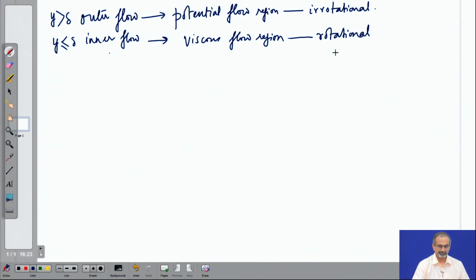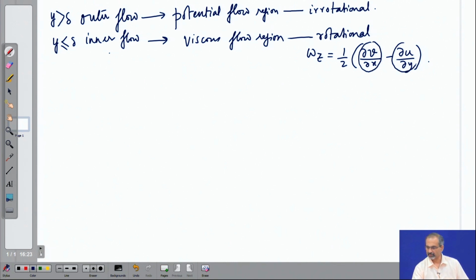That is because, as you may recall, in this plane we can only have the omega z component of vorticity. So, when you look at the definition of omega z, as we said, del v del x is a small term, but the del u del y term is quite large. Therefore, omega z is not equal to 0, and therefore the flow is rotational in nature within the boundary layer.